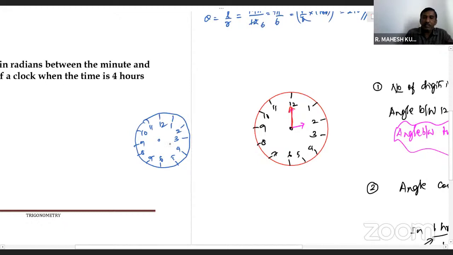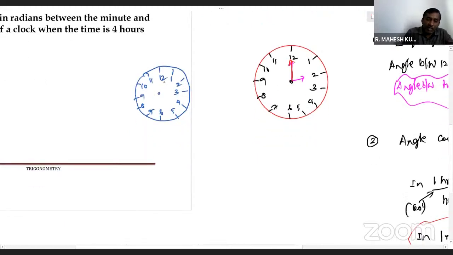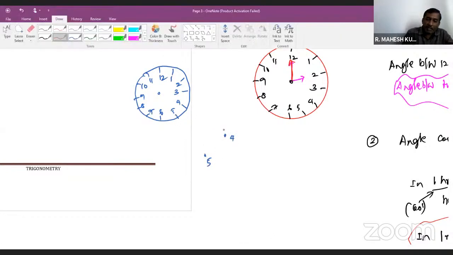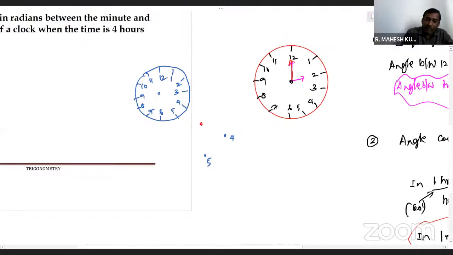1 and this is 2. Now at 4 hours 20 minutes, here the number 4 is there, so this is going to be 5. What is the position of the hour hand and minute hand? The hour hand is going to be 20 minutes beyond the 4, and the minute hand will be exactly at 4. Understood?